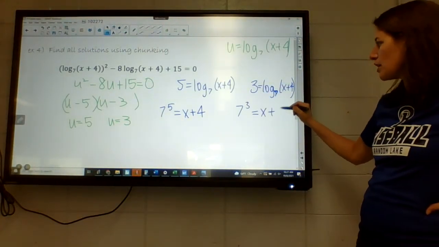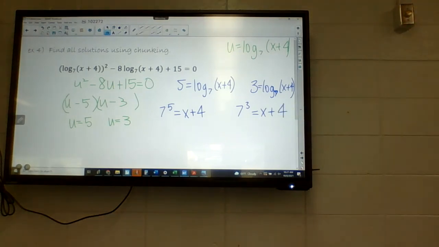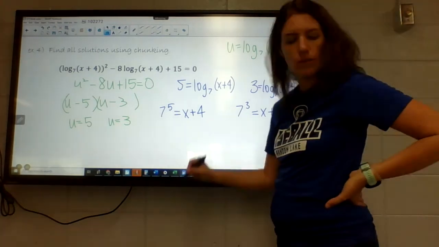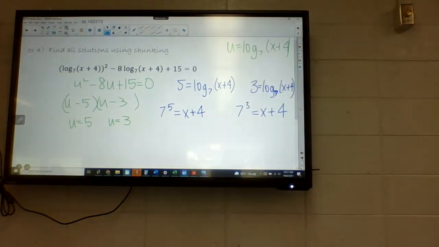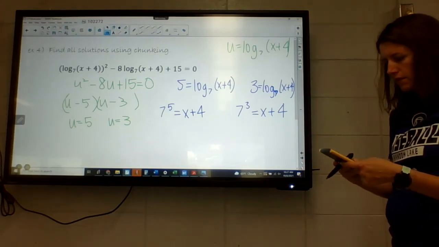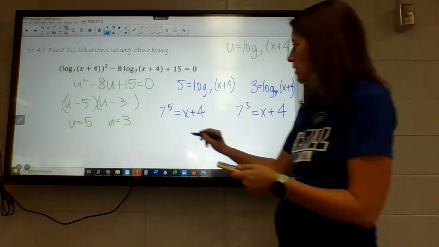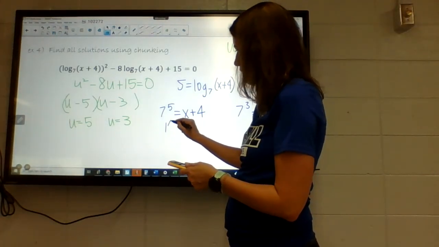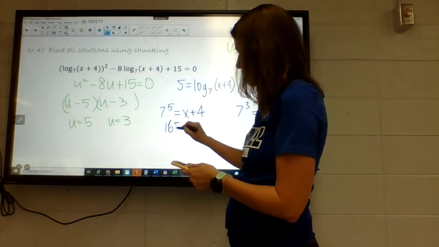There might be some large numbers here. And then we just move that 4 over. So is 7 to the 5th obnoxious? Or not too bad? Oh, it's not too bad. And then minus 4. So I get 16,803.